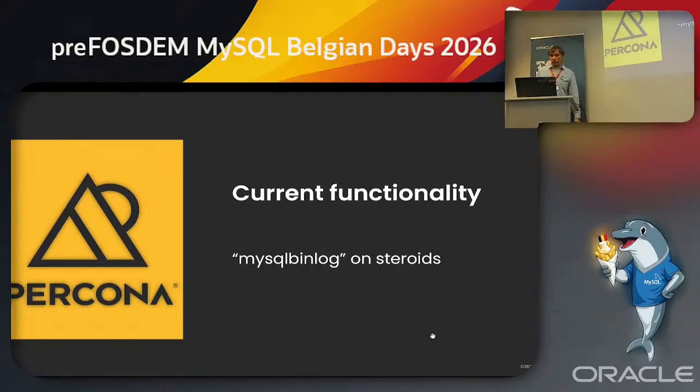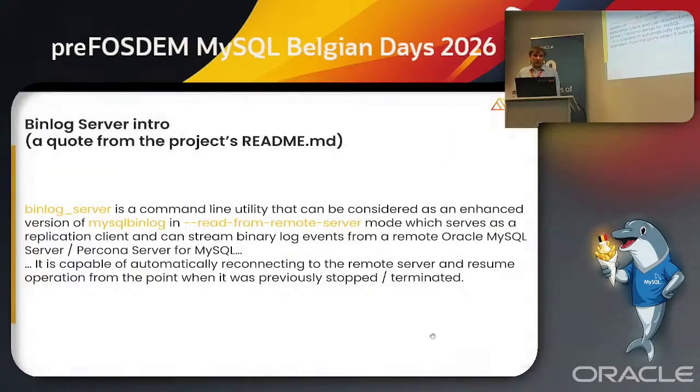Now let me talk about what we currently have implemented already. At this stage, I wouldn't say that we advanced as far as Shlomi, but at this point I would call our product the mysqlbinlog utility on steroids. This is just a quote from the README.md file of the GitHub project.